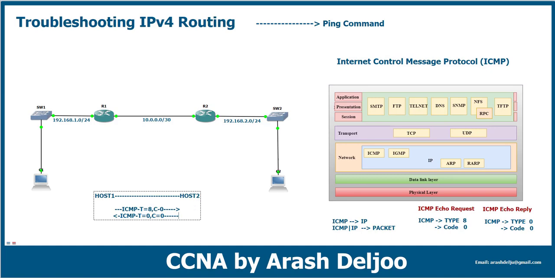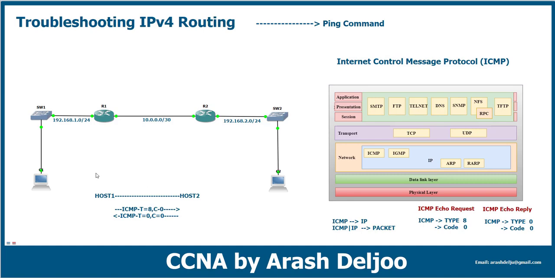In most cases, we use ICMP as an internal tool of the TCP/IP protocol model for verifying the connectivity between two systems. If we didn't have ICMP, maybe we would have to enable one application on host 1 and the same application on host 2 to check connectivity between them.